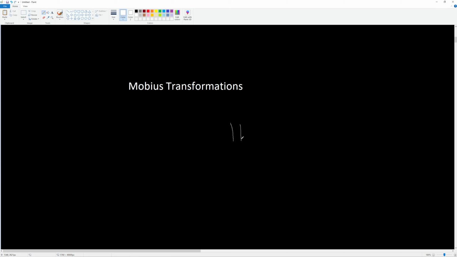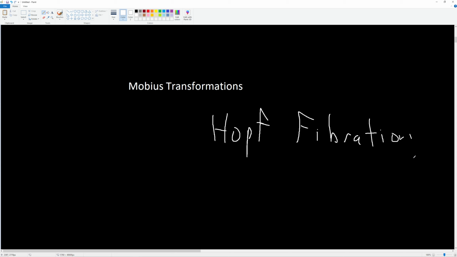If you look at something like the Hopf fibrations, there's lots of fancy visual things, and these fancy visuals are kind of what I'm picturing of vector fields that get knotted up in some way, which you don't have in the complex case.